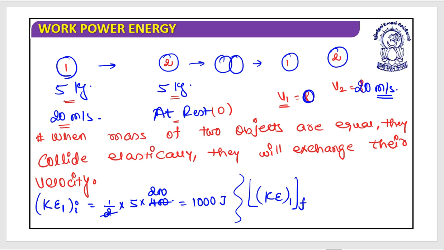It would be half into 5 into 0 square, so this is equal to 0 joule. So where has this 1000 joule gone? Where is it?